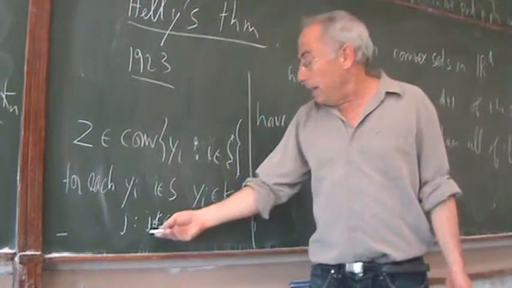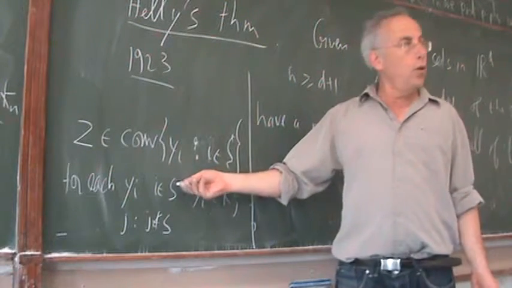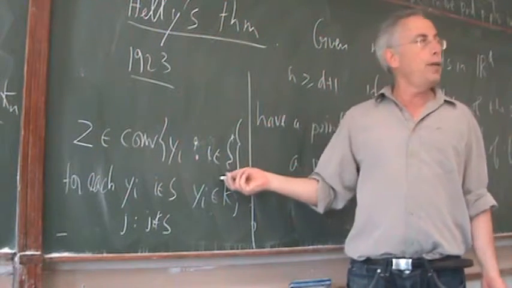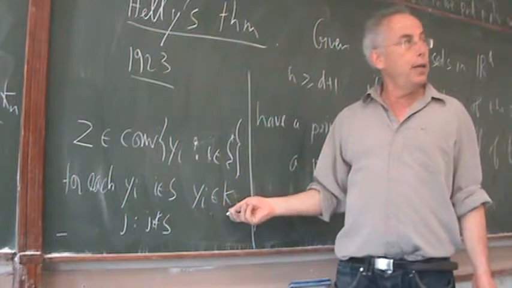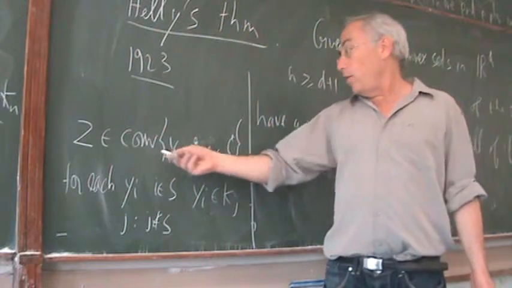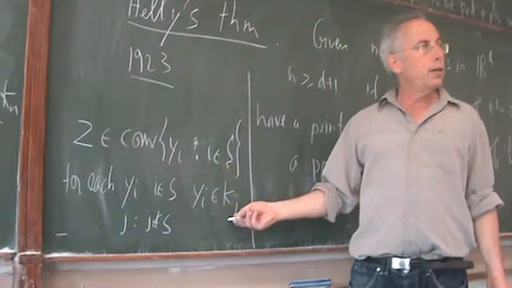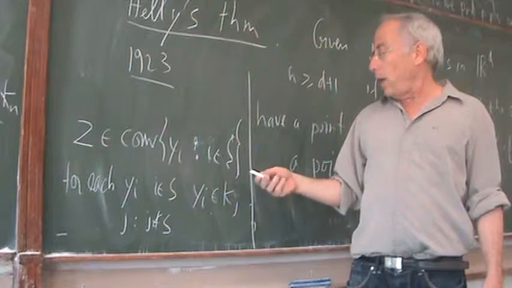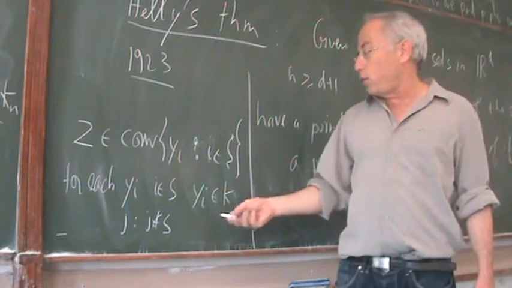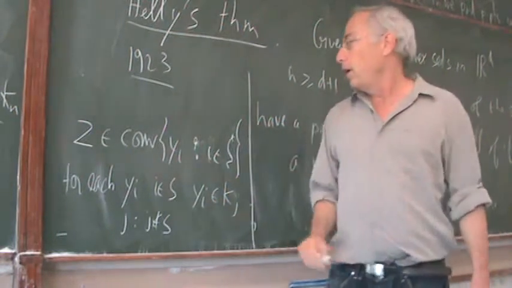If we look at the index which does not belong to S at all, it was not omitted for any of the yi's. And therefore each of the yi's belongs to Kj, if j is not in S, and therefore the convex hull belongs to Kj. So the convex hull of yi, i belonging to S, is included in all the convex sets whose index is not in S.